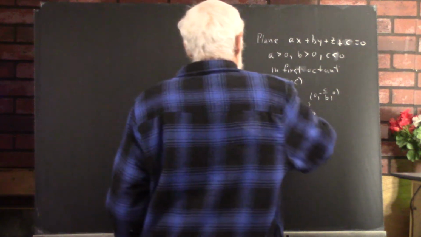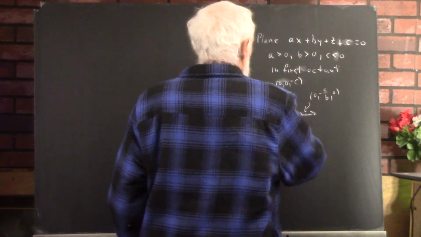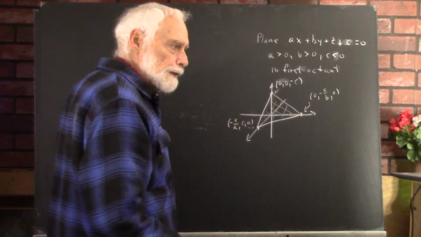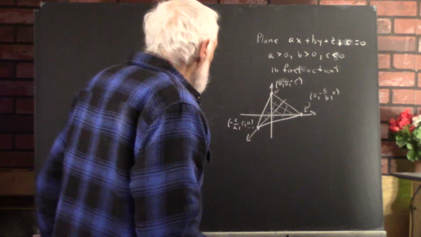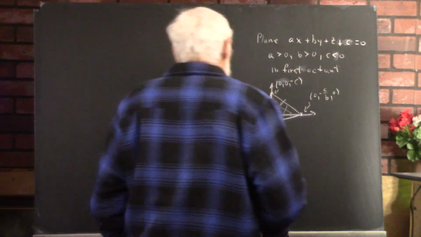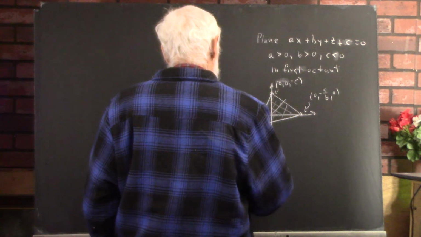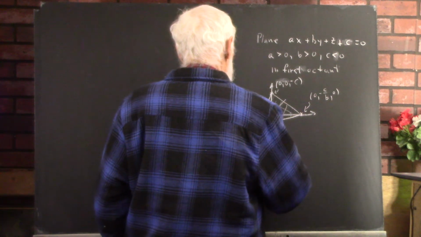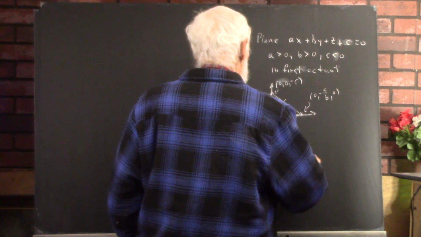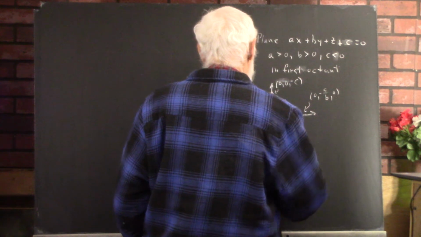So now it's a lamina, we're going to have a density function, but let's just get the surface area of this region. Parameterization is very straightforward.